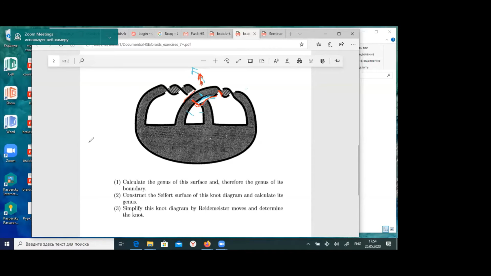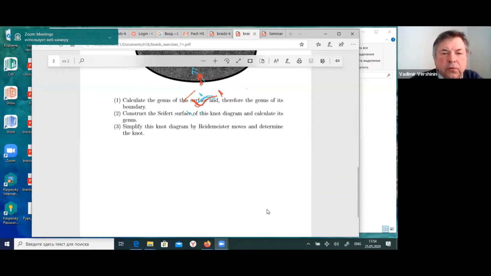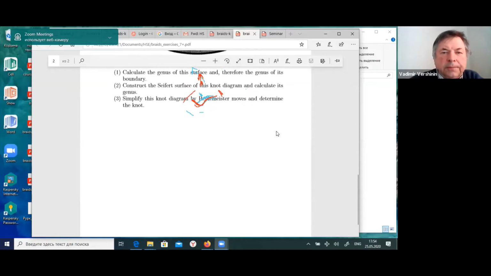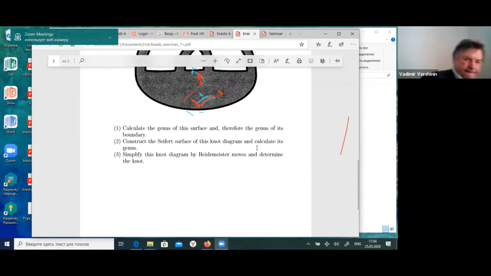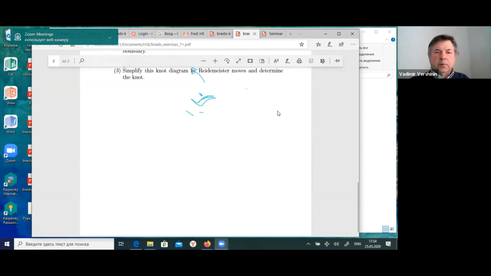Maybe draw another picture without surfaces. I can. Yes, can you please? We can look. There is a space to draw it. Okay, in this space, you have space here, right?